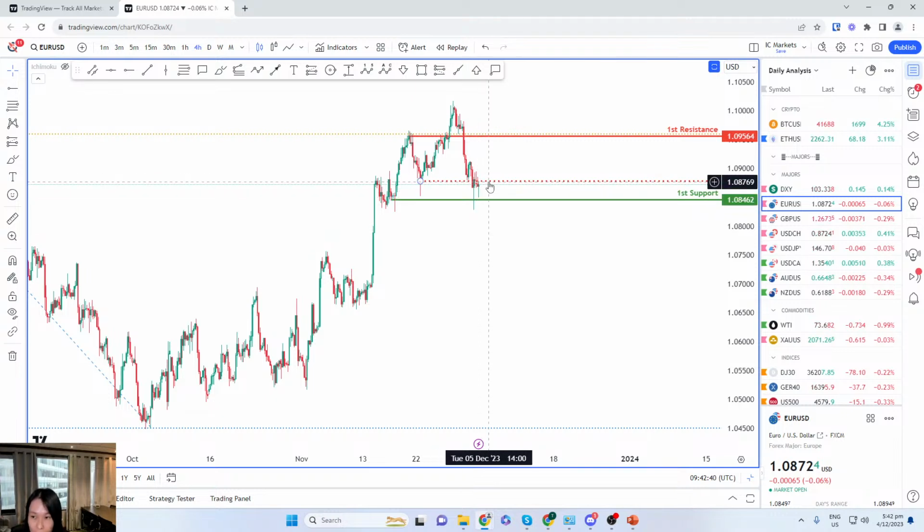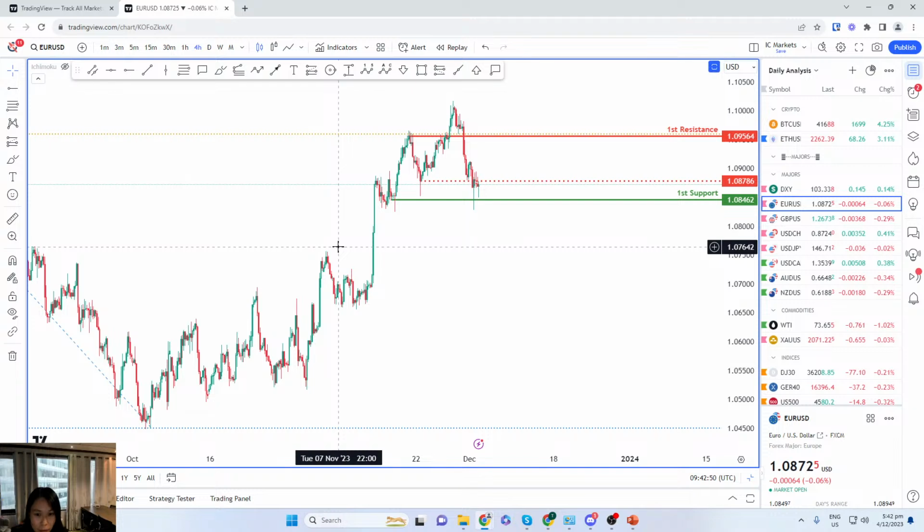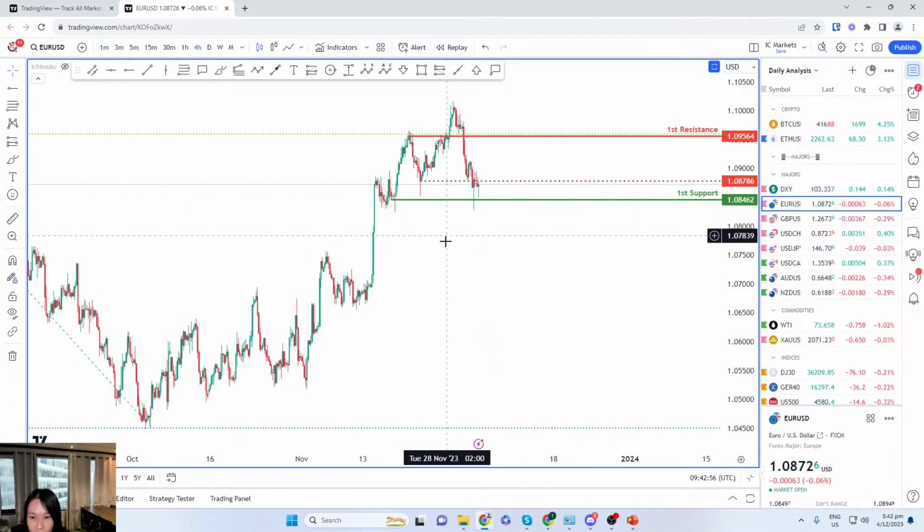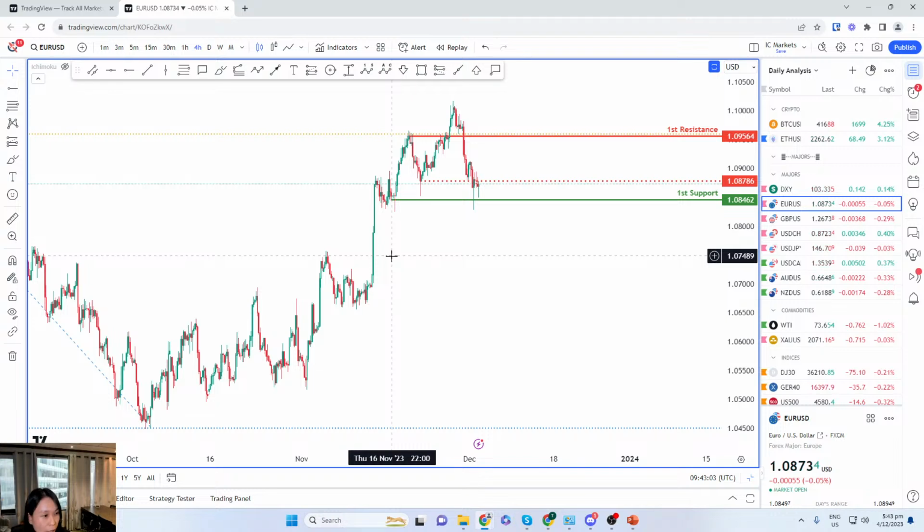So if it happens to break through the first support, I will need a second support to guide me on a good price to take profit.